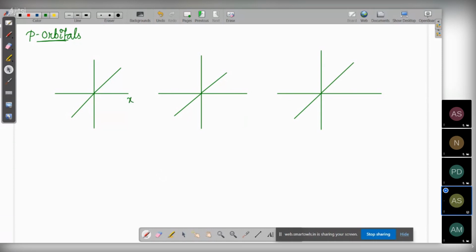This is the x-axis, y-axis, z-axis. You can select the axis at your own will, you can change the axis, whatever you like. Now, what is this px? We will draw px. The px orbital will lie on the x-axis. That is why it will look like this.